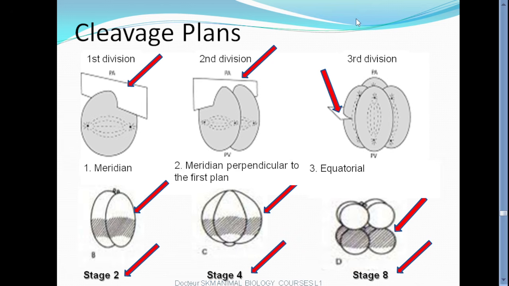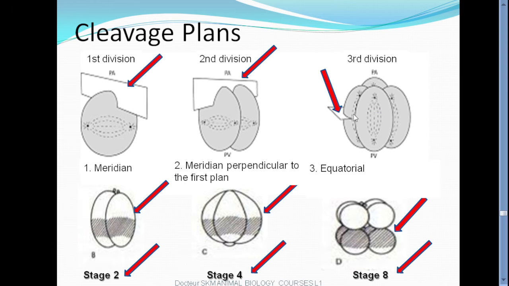After that, the third division will divide my four blastomeres in two. So the cleavage plane here changes. It is equatorial and not meridian.